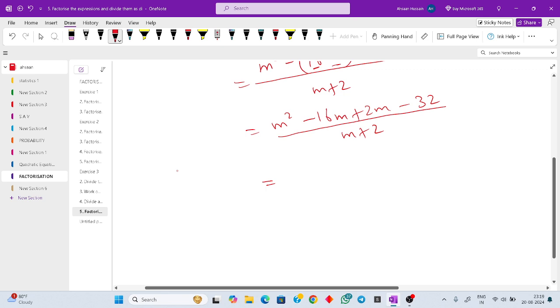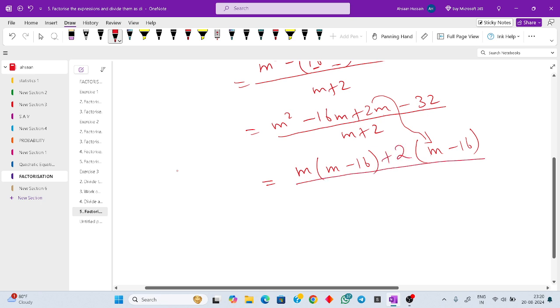So between these two terms, what is common? m is common. Now what is left? m minus 16 is left. Similarly, we can just write this m minus 16 without wasting our time. Just try to match these two. So m is already written, and we'll write just plus 2.